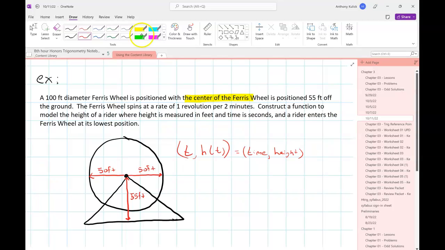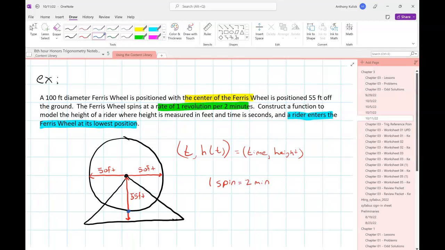And it says that it spins at a rate of 1 revolution per 2 minutes. Not quite sure what to do with that yet, but I'll write it down. And then it says the rider enters the Ferris wheel at its lowest position.